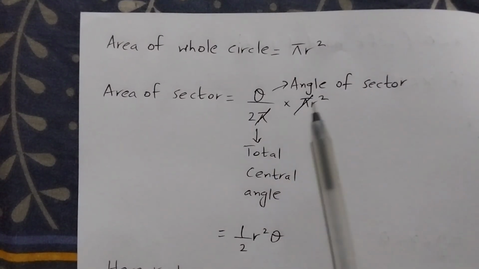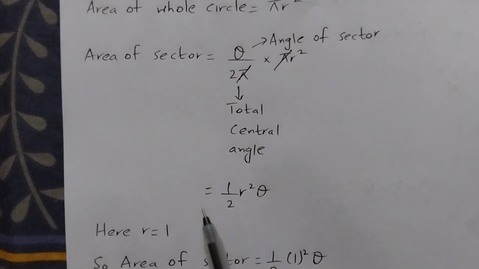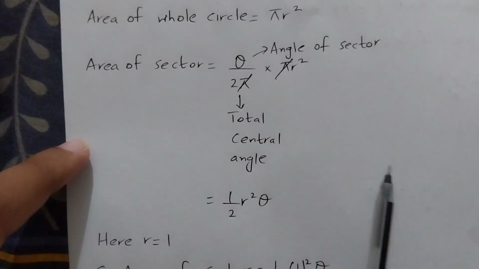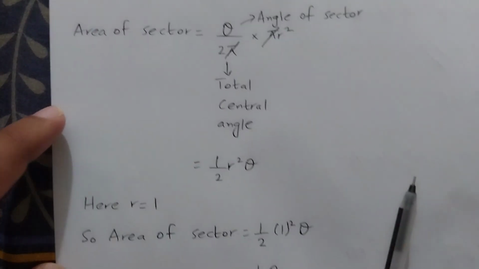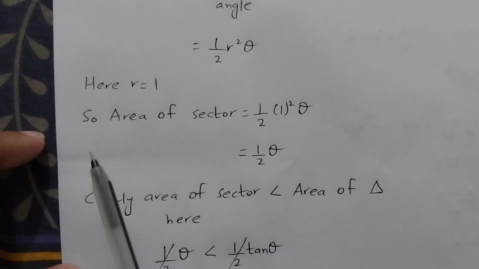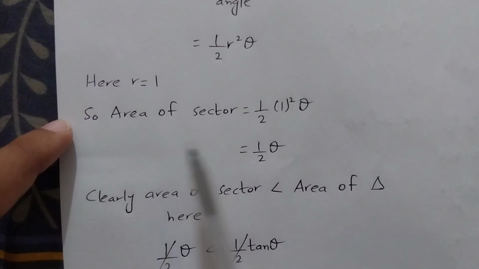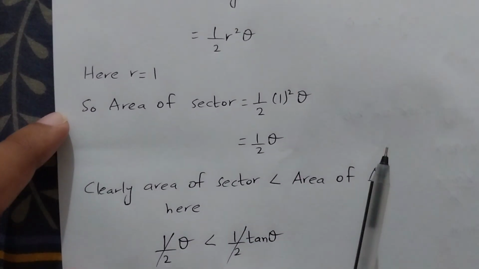So both of these pi's cancel out, and we are left with half r square theta. Here is our formula, half r square theta, and we have a unit circle, so r is equal to 1, so we will have the area of the sector equal to half into 1 squared into theta, which is half theta.